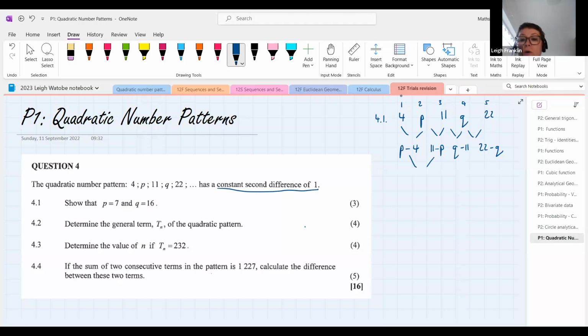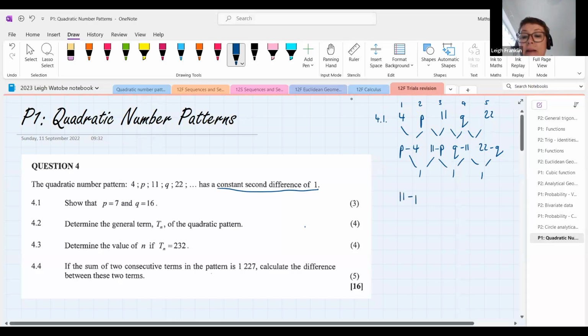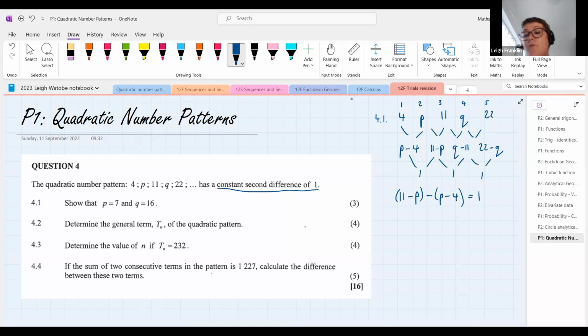All right, now we know that our constant second difference is going to be 1. So this is why Nhlanhla was saying what he was saying in his answer. I don't know if the rest of you saw what he put there. He said, let's take 11 minus p, we're going to subtract p minus 4, and we're going to make it equal to 1.